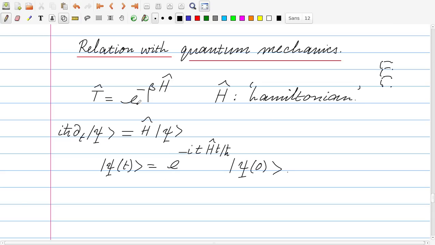However, this notation reminds us of something else. If we solve the Schrödinger equation for such a Hamiltonian, we obtain i h bar d/dt, and now I take the time-dependent Schrödinger equation, of psi, and that is H times psi, and this is solved by this solution.